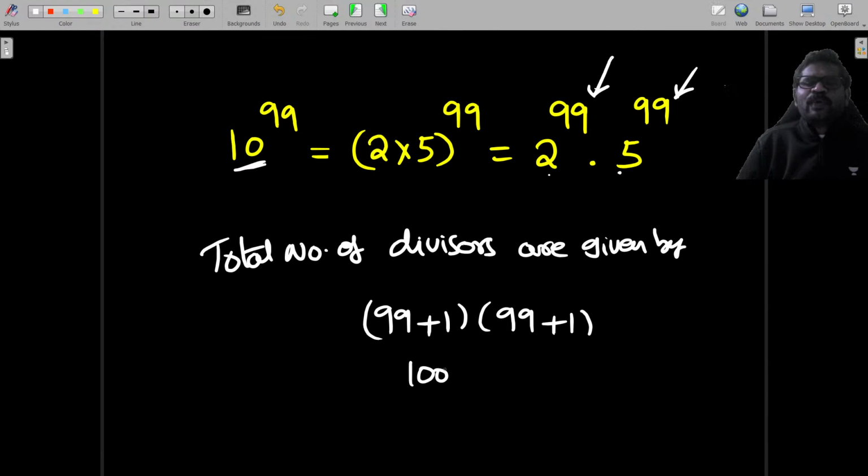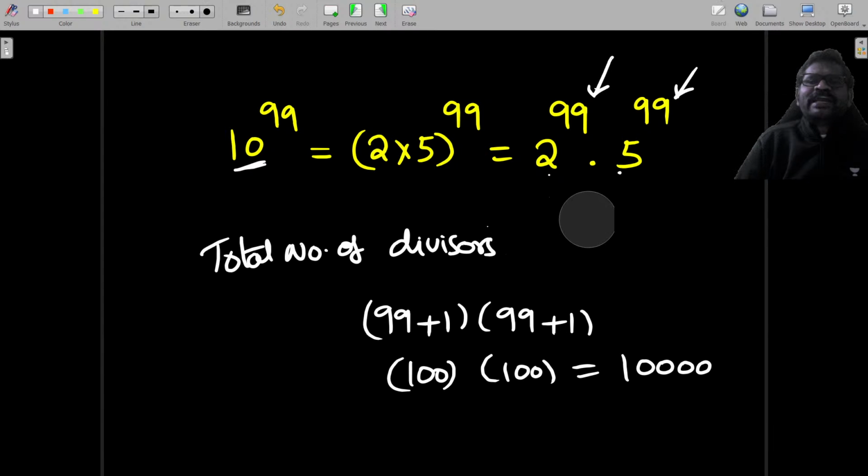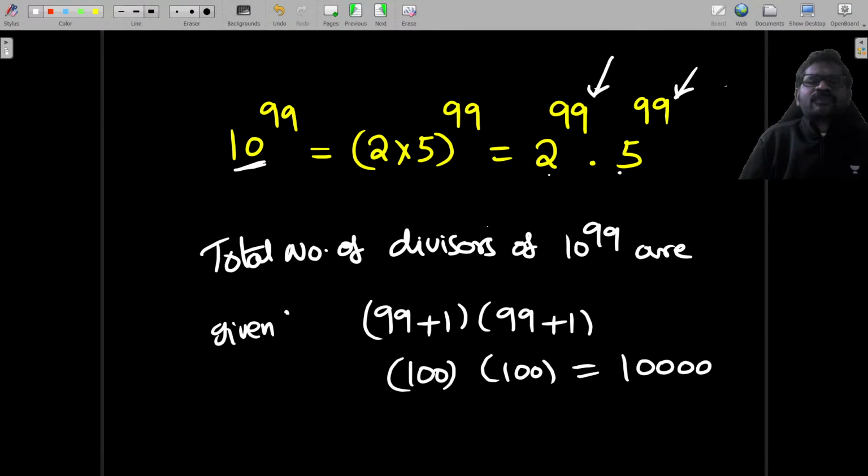So 100 into 100, that is nothing but 10,000 divisors. So the total number of divisors of 10 power 99 is 10,000.